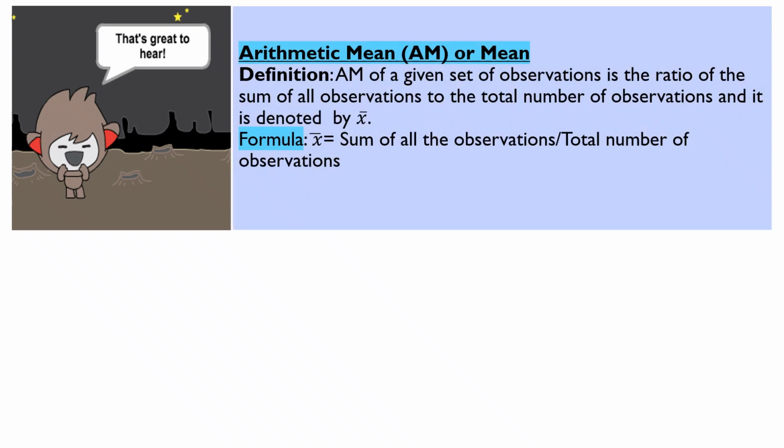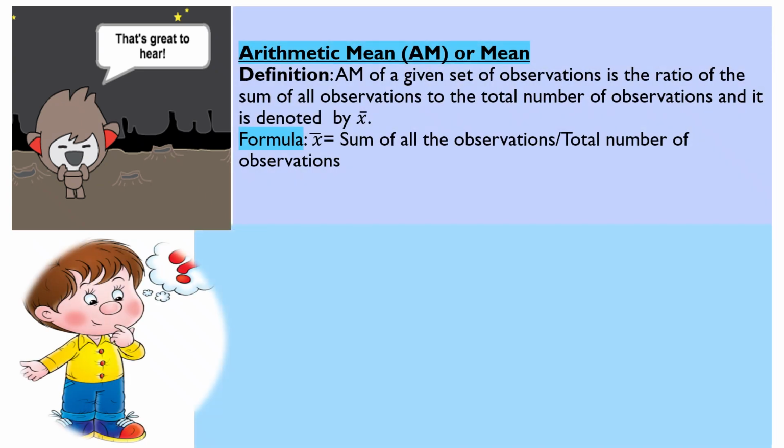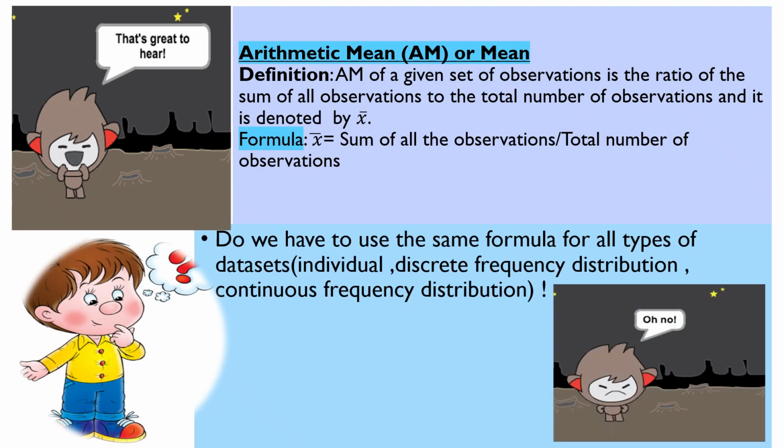Have you thought about this question? The answer is no. If the data is of frequency type, we have to make some changes in the formula, and let us see how we can calculate it for different types of data sets.